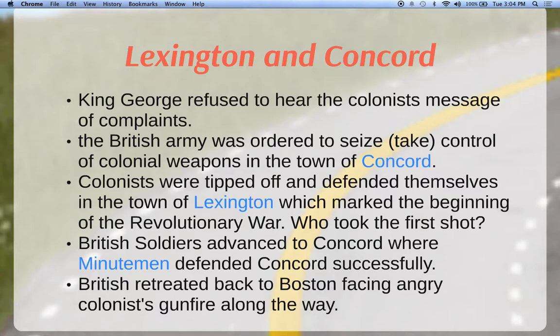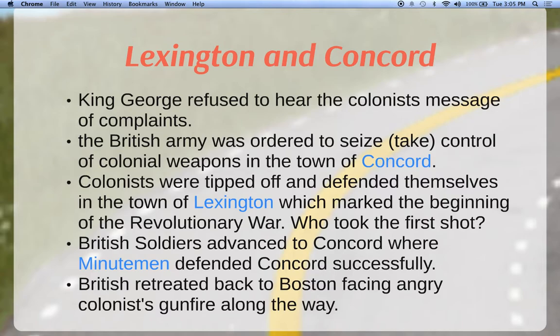In the town of Lexington, it was kind of on the road to Concord, there was some fighting that took place. Nobody really knows who took the first shot. The shot heard around the world. And what we see happening is some colonists died, some British died. And now we have an official battle that took place. Very small, but nonetheless a battle where people ended up dying.